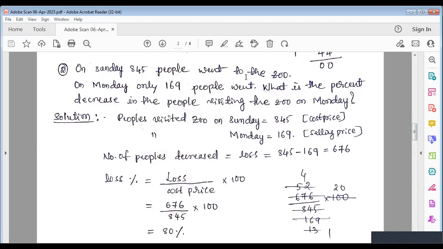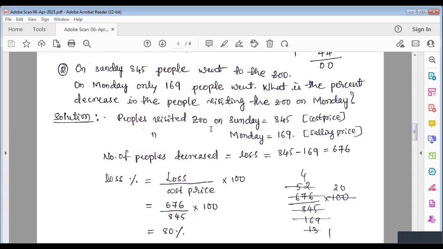So Sunday, because of holiday, more number of people visit the zoo, and therefore on Sunday, 845 people visit the zoo, but on Monday, only 169 people visit. So what is the percentage decrease in the people visiting the zoo on Monday? That we have to calculate.